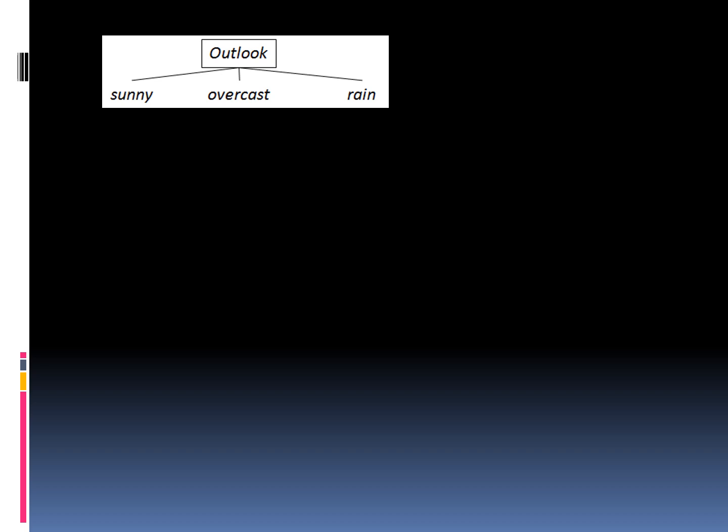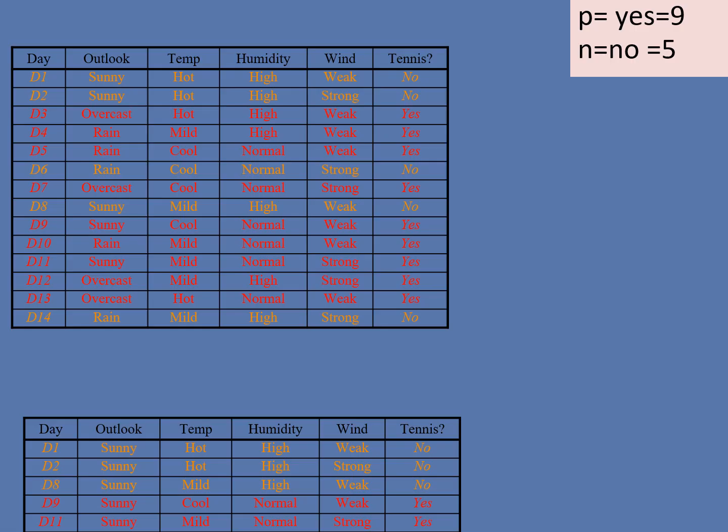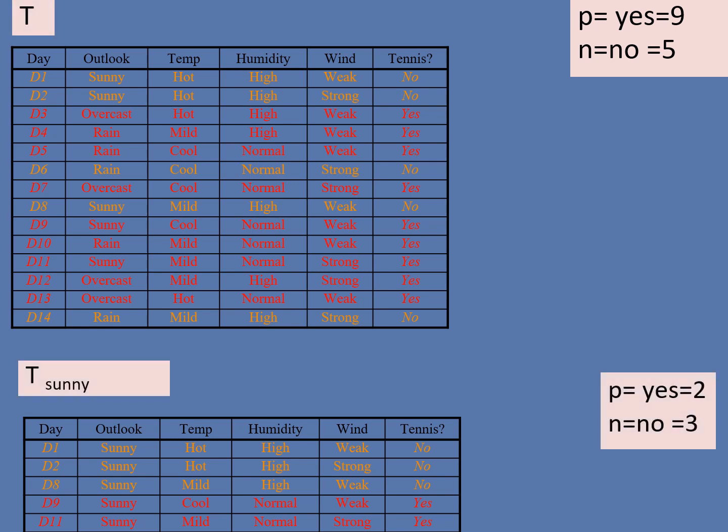What are the various values that Outlook can take? It can take sunny, overcast, and rain. So now what we do is we take the original table and divide it up into the table sunny, table overcast, and table rain.